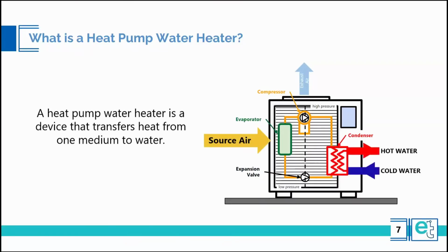We're transferring heat that is around us in the ambient air to water to heat up the water. We may have heat pumps that do that in one fell sweep, which we'll call single pass heat pumps, or we might have heat pumps that do that in multiple passes, which we'll call multi-pass heat pumps.